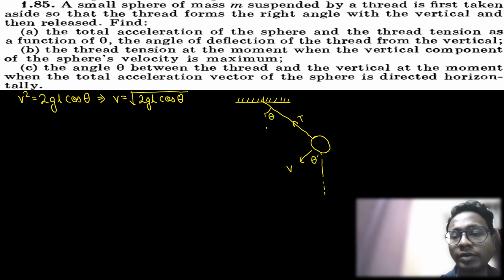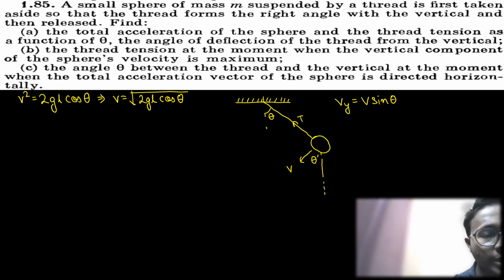Okay. So out here, the vertical component of velocity Vy is equal to V cos theta dash, or V cos(90 minus theta). Cos(90 minus theta) is nothing but sin theta, so V sin theta.